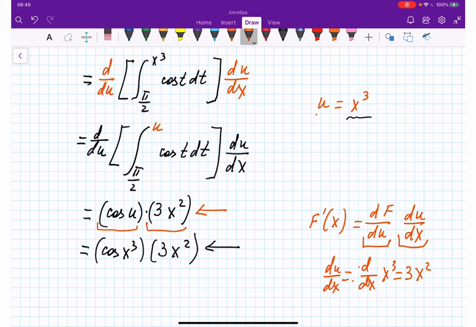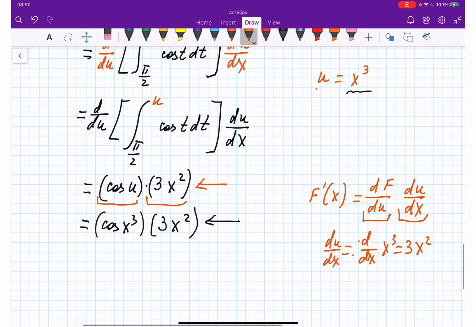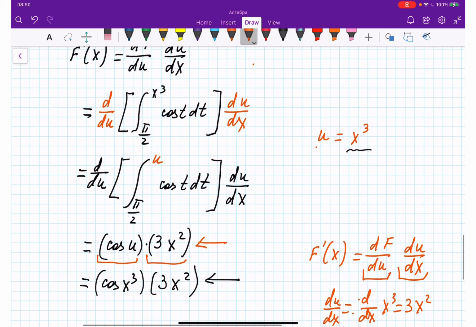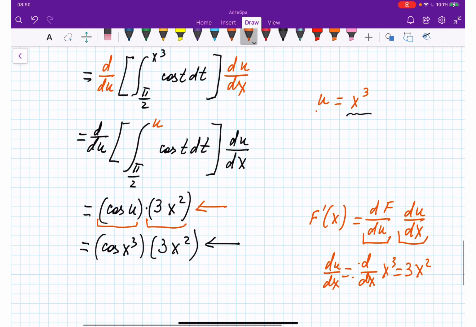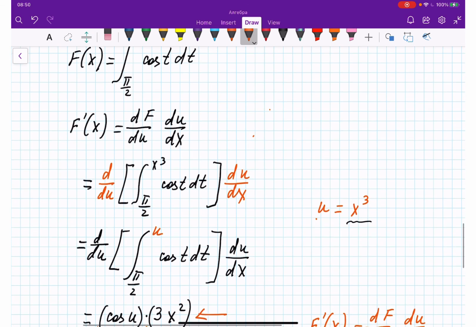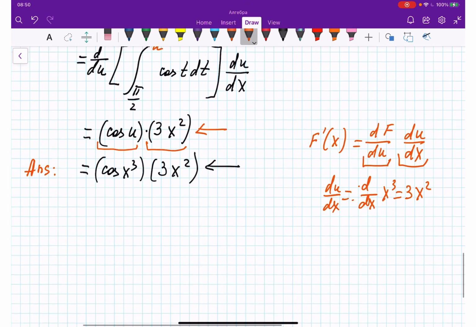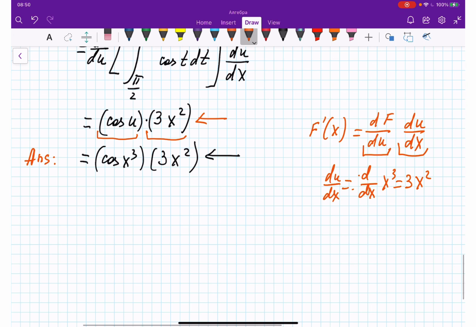It's quite easy. So let me write down f prime of x. This is going to be our answer. All right, so our f prime of x is equal to cosine x cubed times 3x squared.